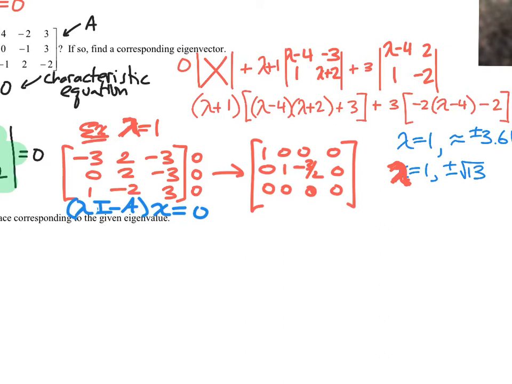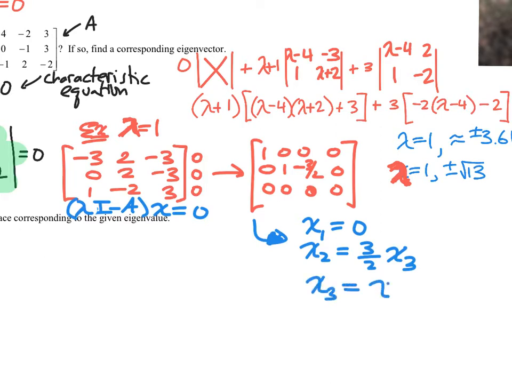All right. So this amounts to x1 equals 0. x2 is equal to 3 over 2 x3. x3 is our free variable, so x3 is equal to x3.